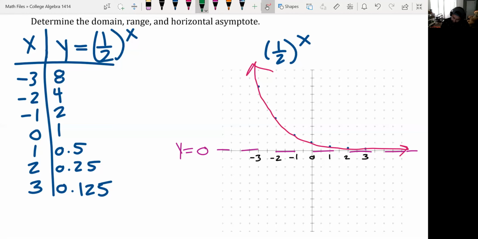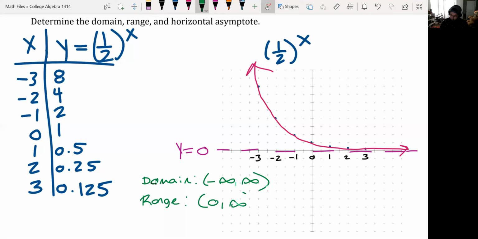And then from this graph, once again, the domain is all real numbers. The range is still the same, 0 to infinity.